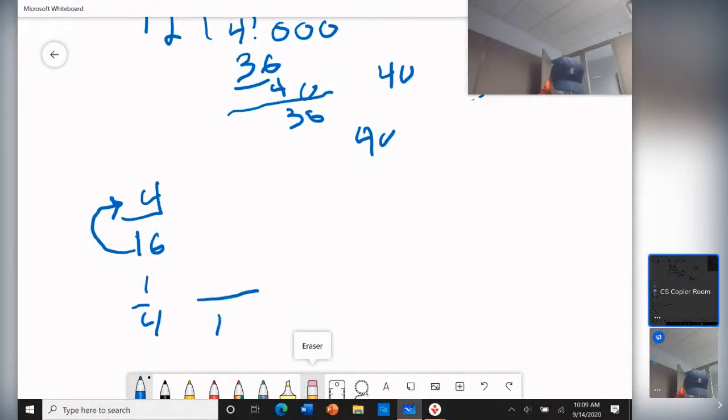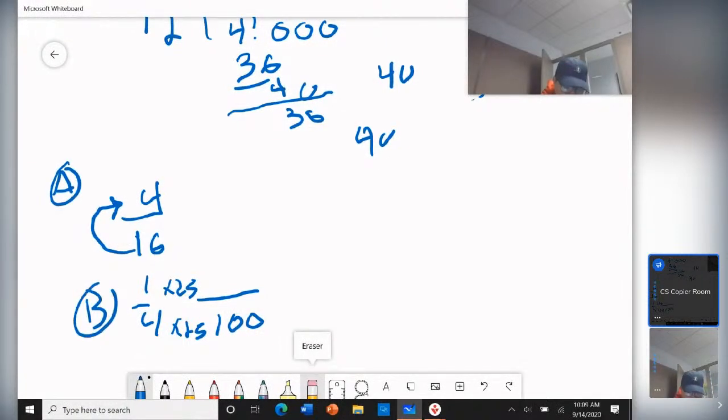And we're going to be, okay, over 100. That's 25. And that's 25. So you can either do the actual straight division, or if you know your factors, you can realize, okay, 4 times what number equals 100. Because remember, you're always trying to get a percent over 100.